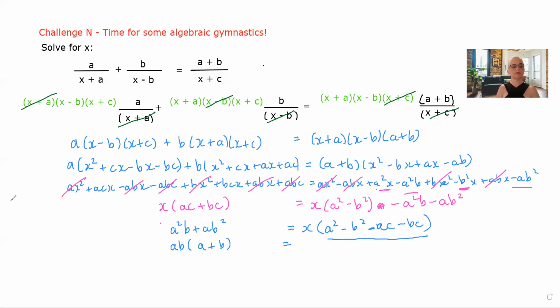On our right-hand side, let's just take this to the side for a minute. Let's make a little bit of space over here and fiddle with this expression a little bit. So this expression here, we've got a squared minus b squared minus ac minus bc. One of the skills that you learn in factorising is grouping. Quite often when you're grouping, you will group 2 and 2. And usually if you're grouping 2 and 2, that will involve taking out a common factor of both.